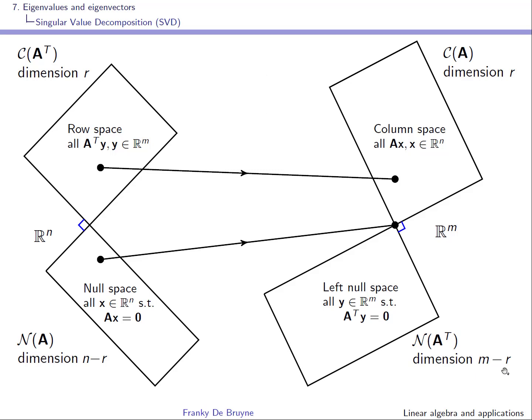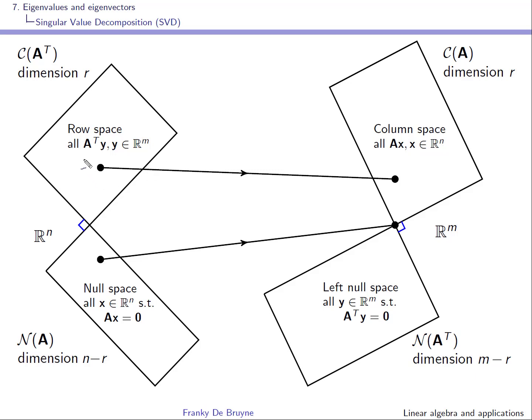So the question underlying the singular value decomposition is the following one. Is there a basis of the row space, which must contain r vectors? Well, more in particular, an orthonormal basis of the row space that is mapped onto the column space and produces orthogonal vectors.